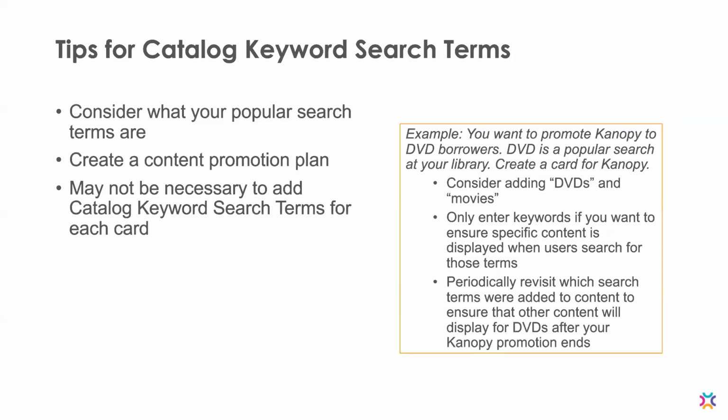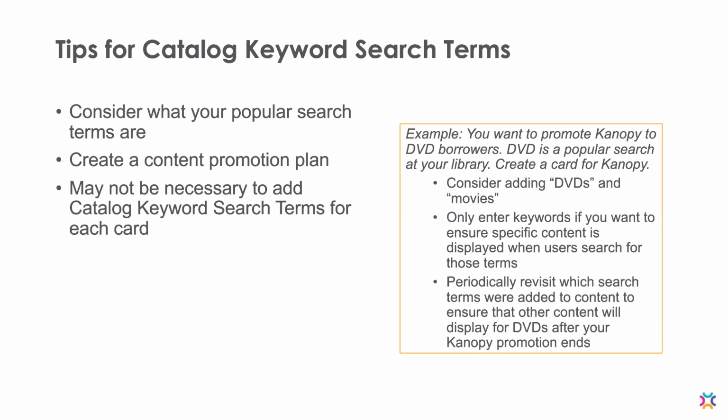So consider what your popular search terms are. Think about a content promotion plan. It may also not even be necessary to add catalog keyword search terms because we have so much metadata. You might choose not to add any for list cards because we have a lot of metadata, but you might want to for an online resource card.